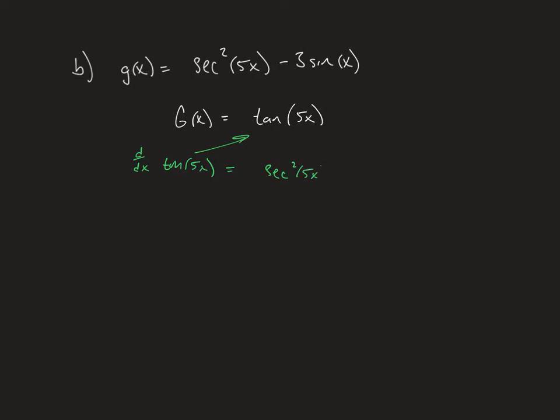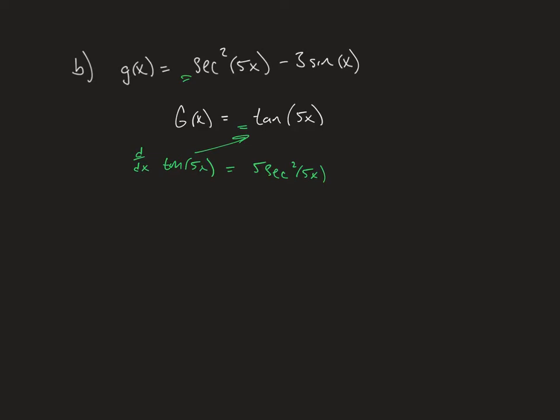of 5x times 5. And you'll notice in the original function there is no 5, so we need to put something there to cancel out that 5, which is going to go there once we take the derivative of tangent of 5x. So what we're going to put there is a 1/5.